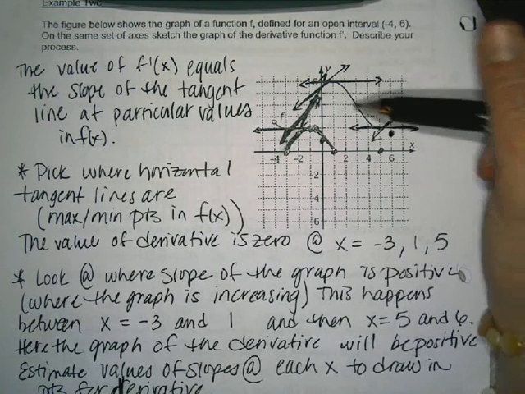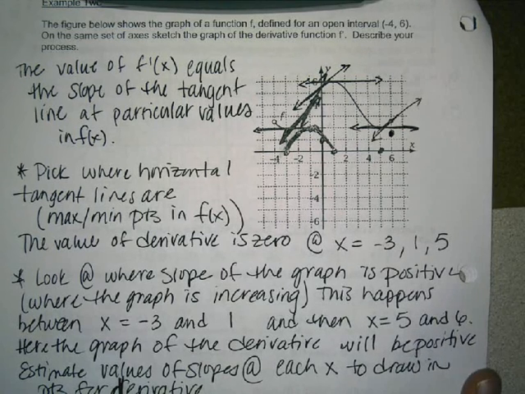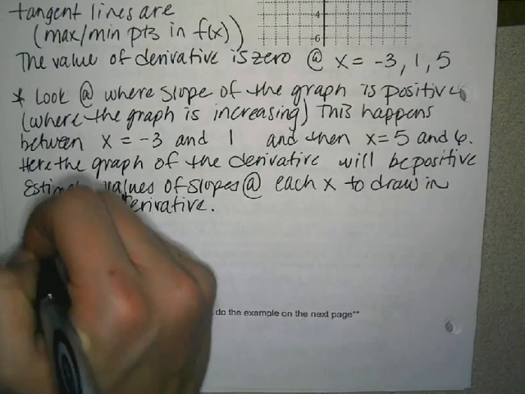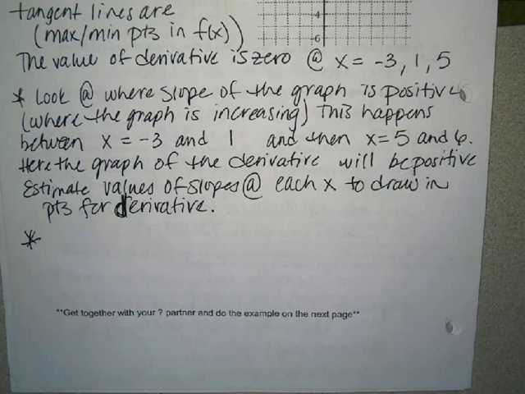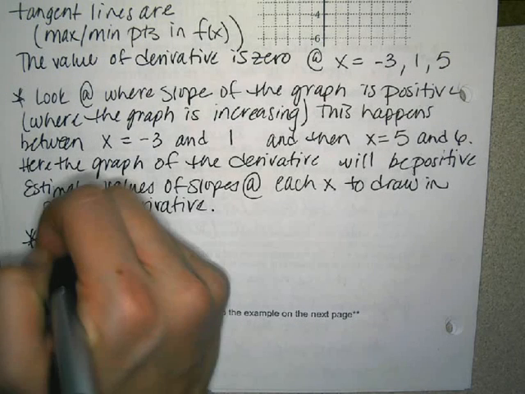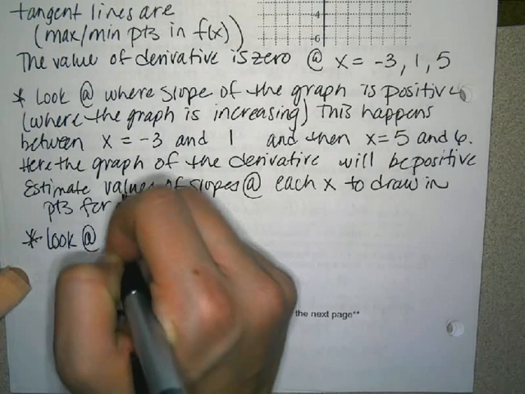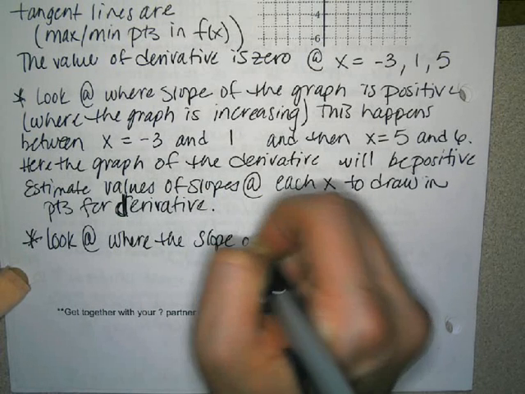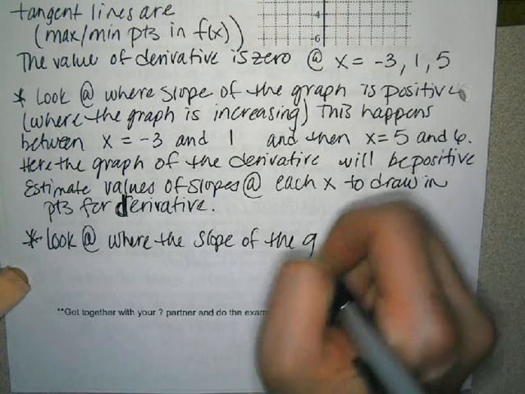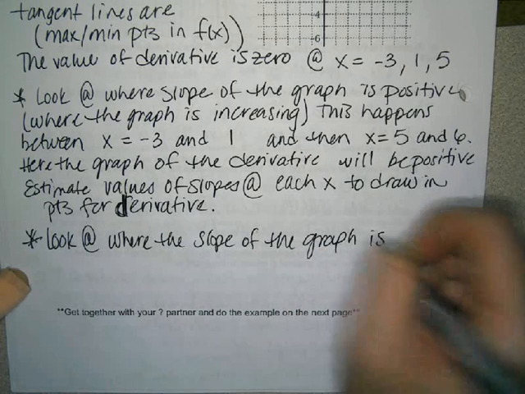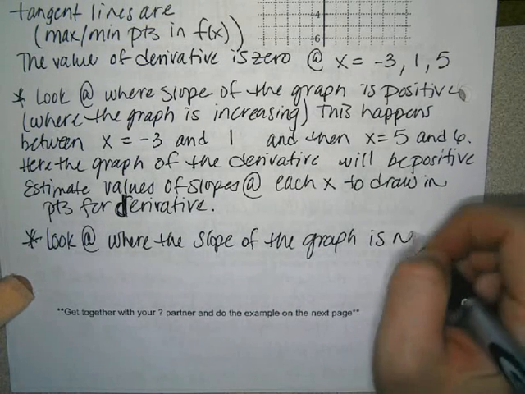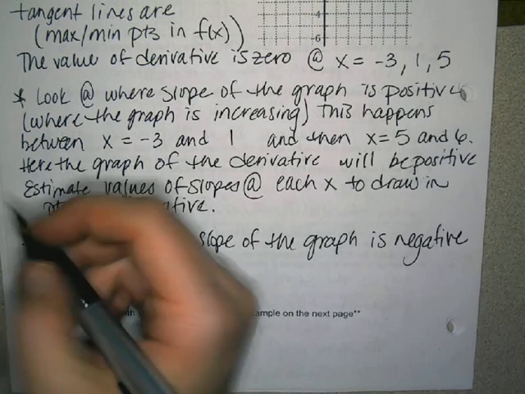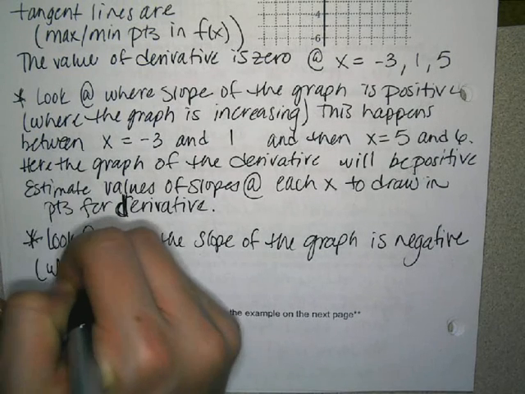Okay, so then, after you take care of the positive parts of your graph, what's the next thing that you would look at? The negative. So you're going to look at where the slope of the graph is decreasing. So where the slope of the graph is negative, this would be where the graph is decreasing.